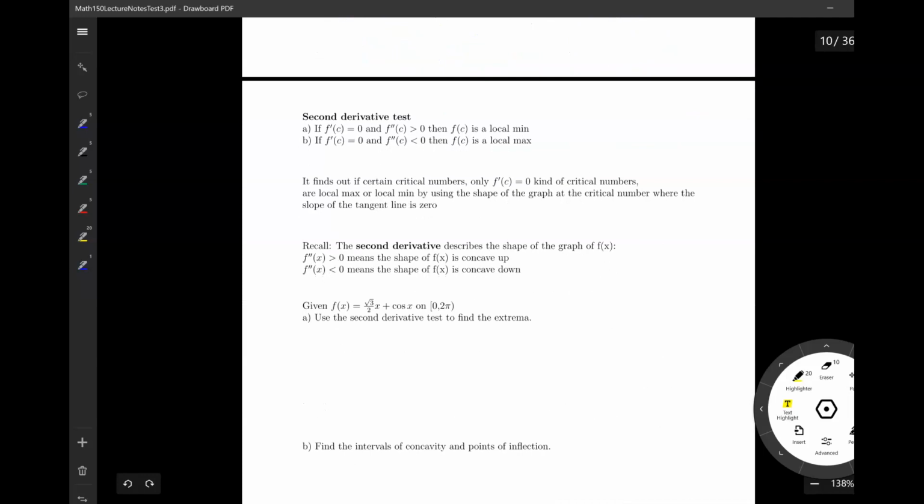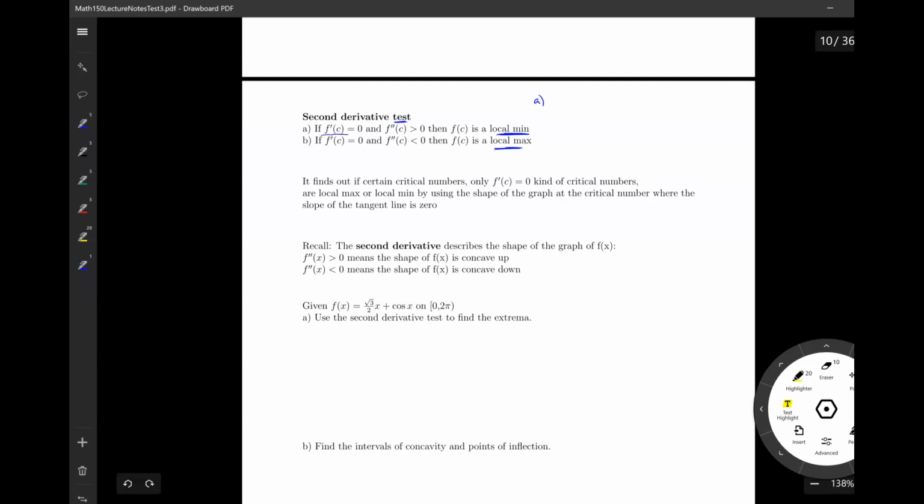All right, so now we're going to look at the second derivative test. So the first derivative test and the second derivative test give you, therefore, a y value that is a local min or max. So let's look at what part A is saying.